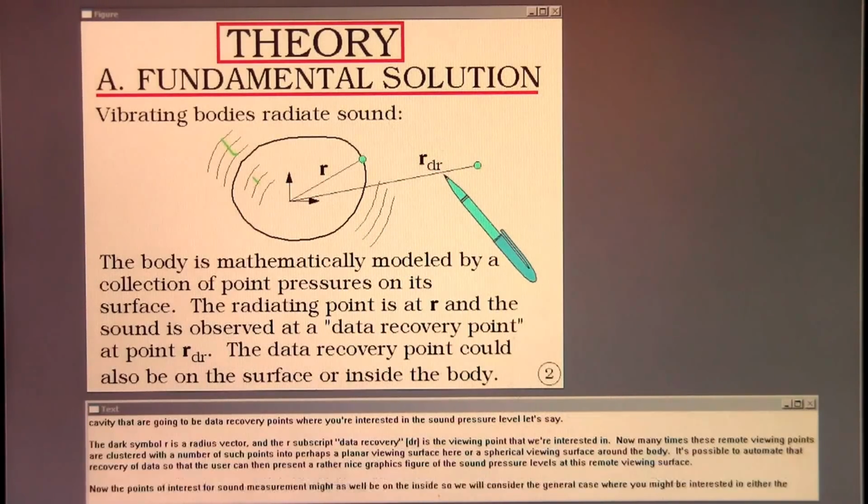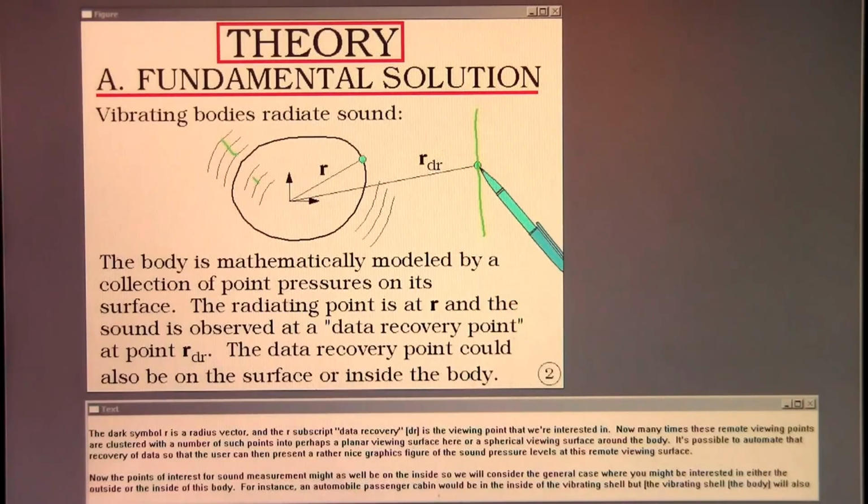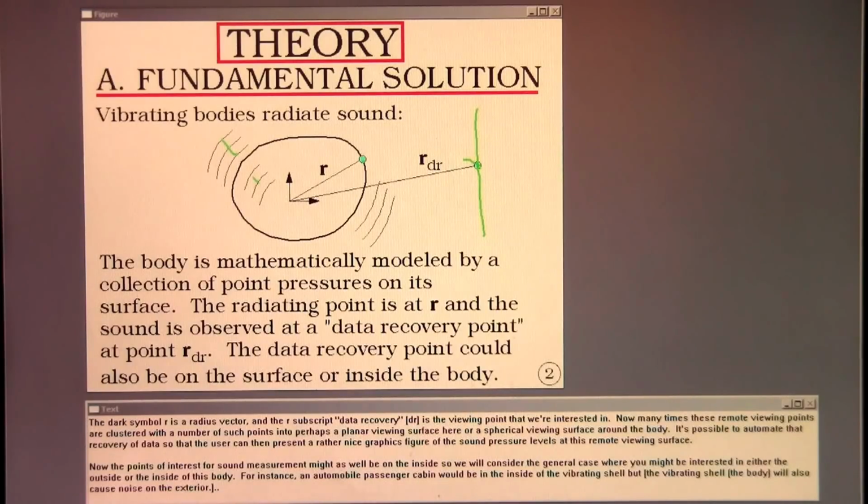Now, many times these remote viewing points are clustered with a number of such points into perhaps a planar viewing surface here or a spherical viewing surface around the body. It's possible to automate that recovery of data so that the user can then present a rather nice graphics figure of the sound pressure levels at this remote viewing surface.